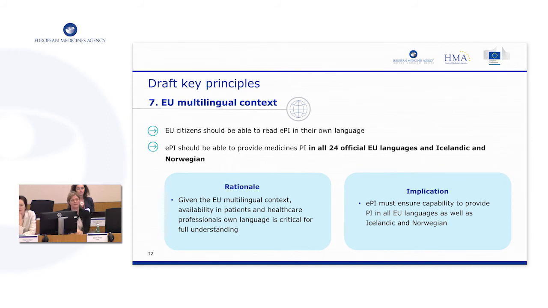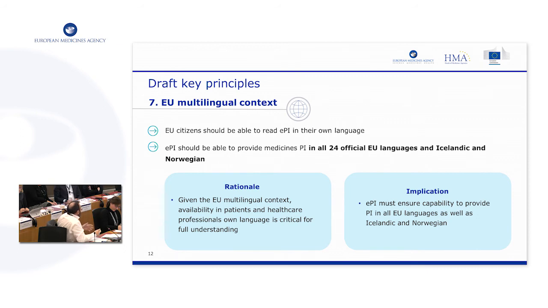Cesar? Yes, I know that several member states are considering offering this information in the main language of the people that live in the member states. But again, this is part of the things that can be done once you have agreed on a common standard and you develop it. So for sure, there is a need.